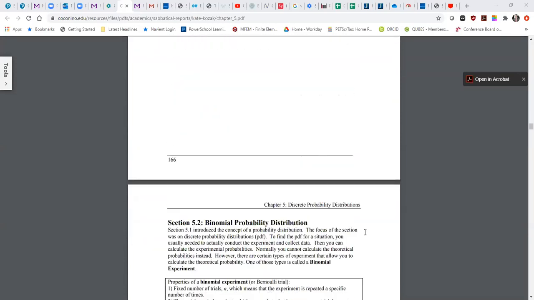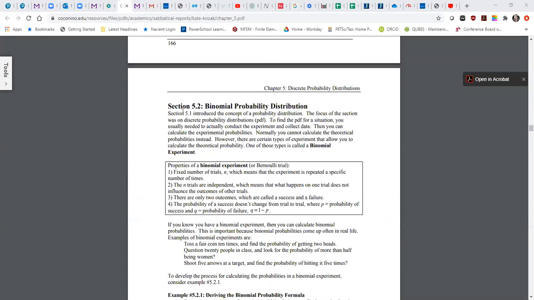Okay, so let me see, what is 5.2? This is called a binomial probability distribution. The properties of a binomial experiment, or binary trial: one, there is a fixed number of trials, which means the experiment is repeated a specific number of times. Two, the trials are independent, which means what happened on one trial does not influence the outcome of the other trials.